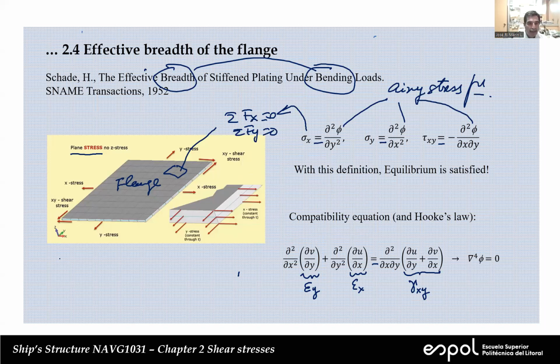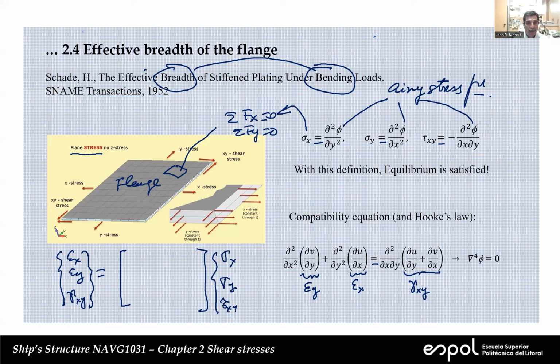Remember that you have epsilon x, epsilon y, and gamma xy, and you relate that to sigma x, sigma y, and tau xy, because these are the stresses.